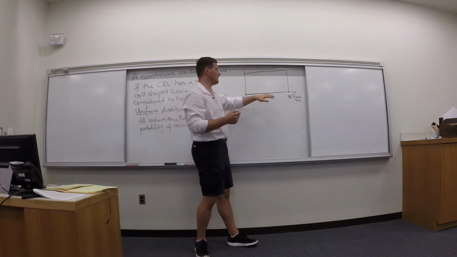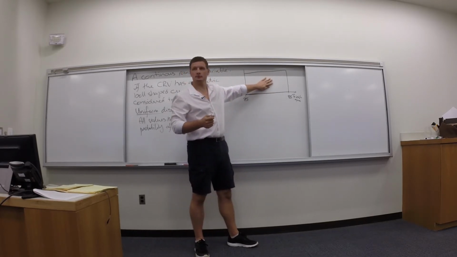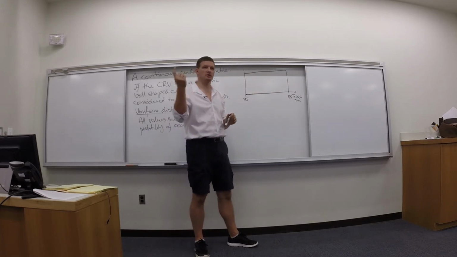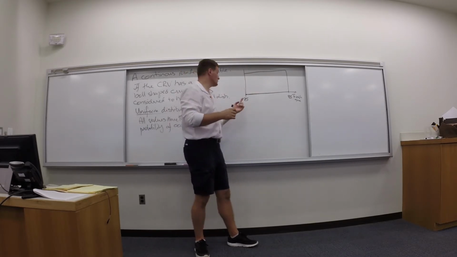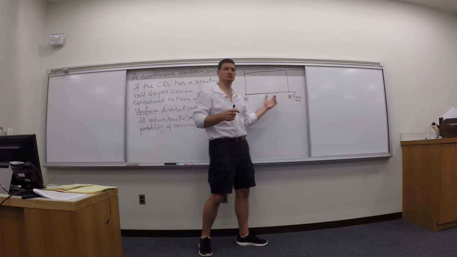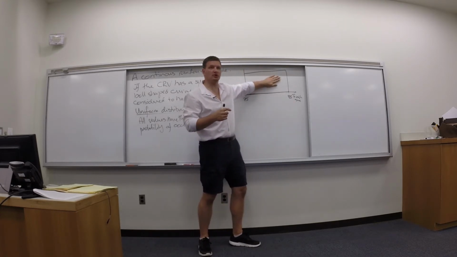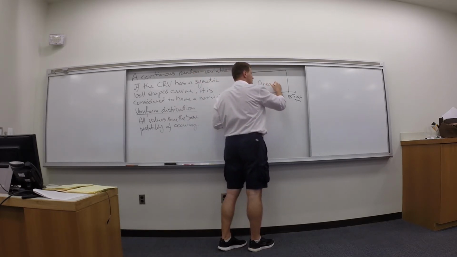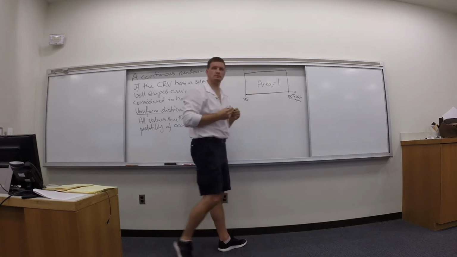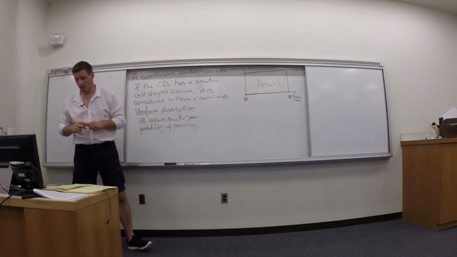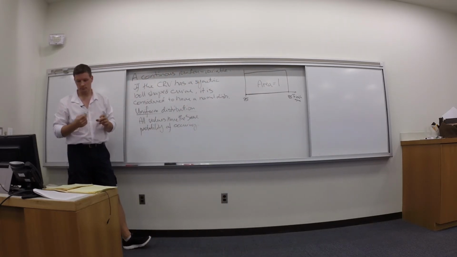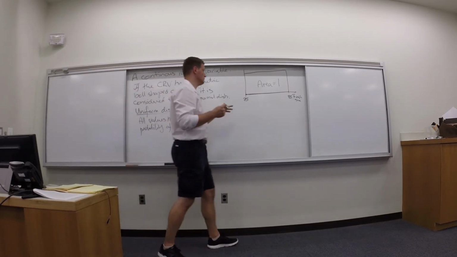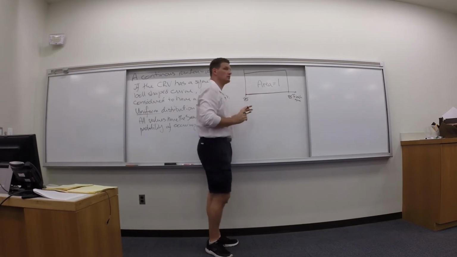So if I wanted to equate this area to probability, we know probability is between 0 and 1, right? Class is going to finish between 75 minutes and 85 minutes, so the probability of class finishing is somewhere here. The area of this, we're going to force it to be equal to 1. If we force this area to be 1, what's the probability we're going to finish at any given time?